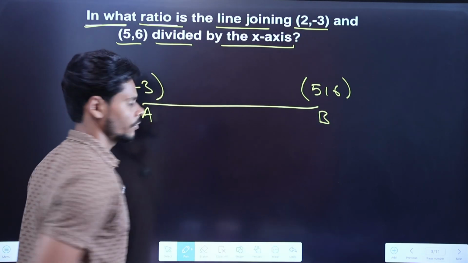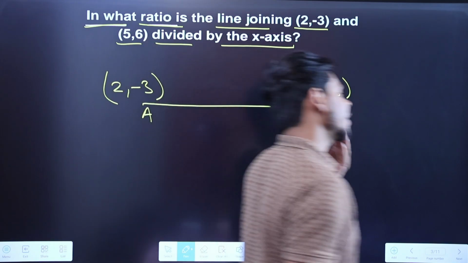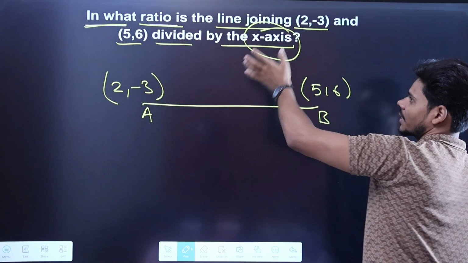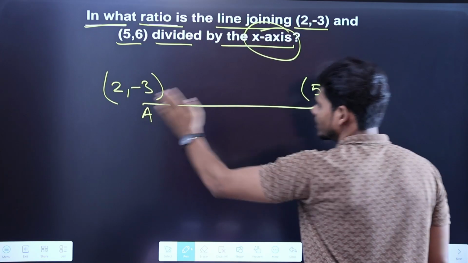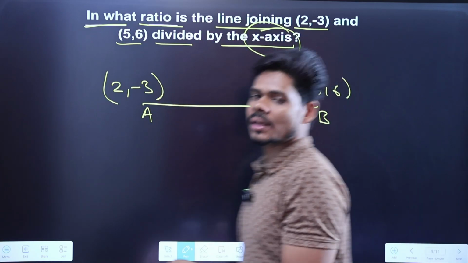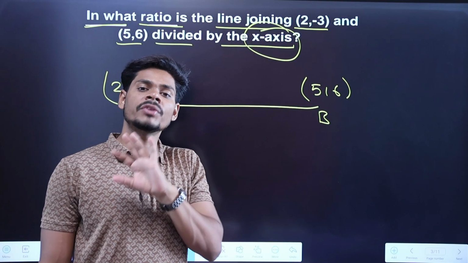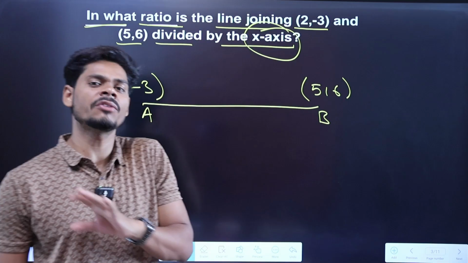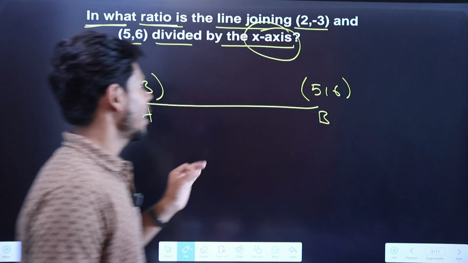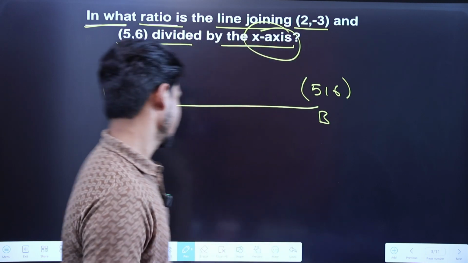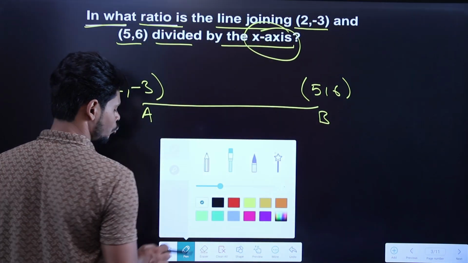Now there is another line, the x-axis. Actually this x-axis is dividing the given line in some ratio. In which ratio? We don't know. Actually we have to find that particular ratio. Let me explain in two ways.